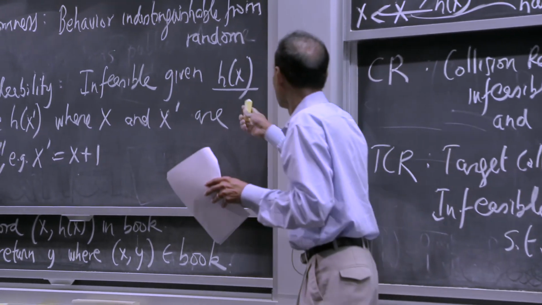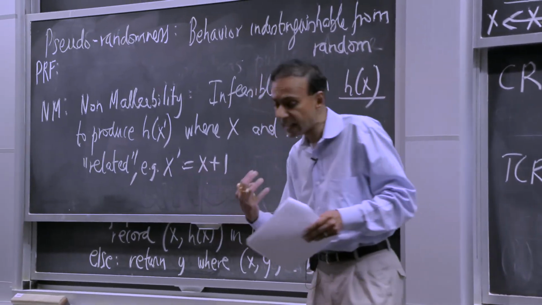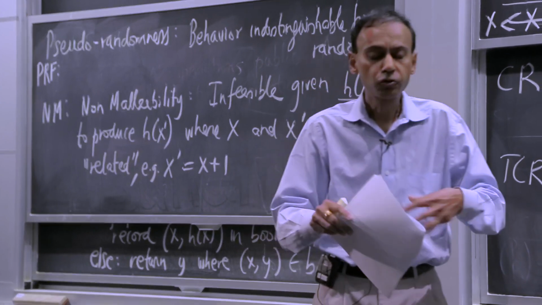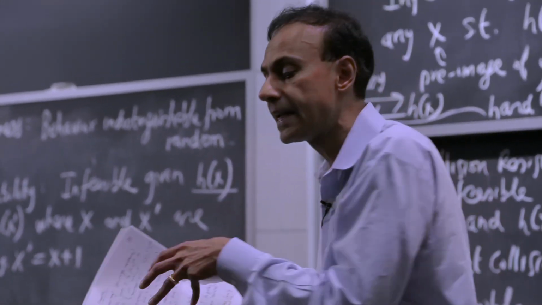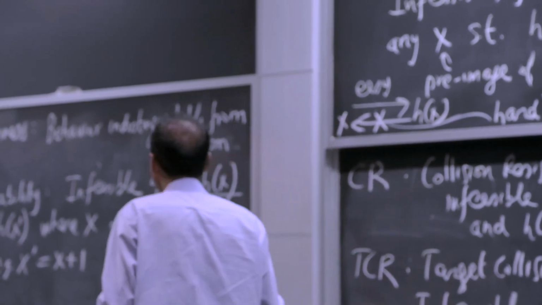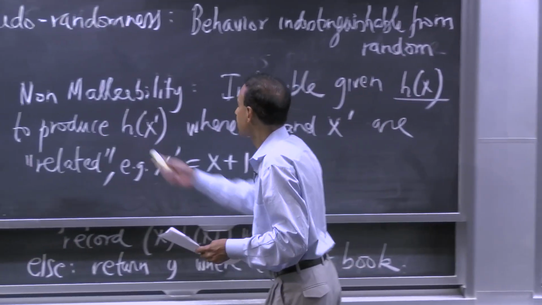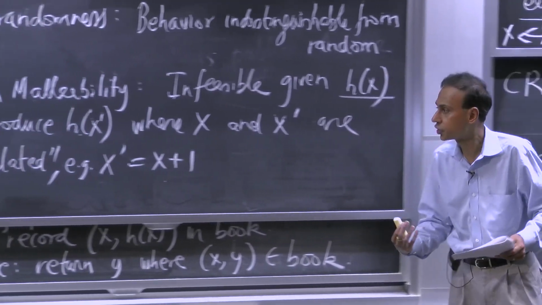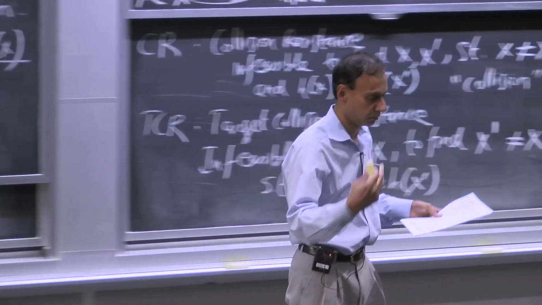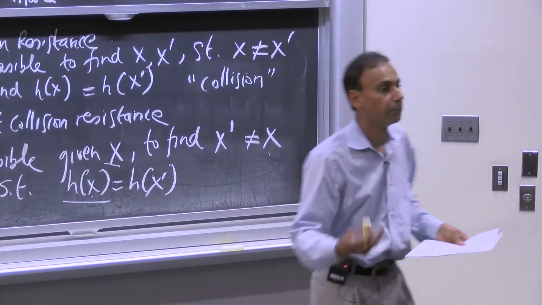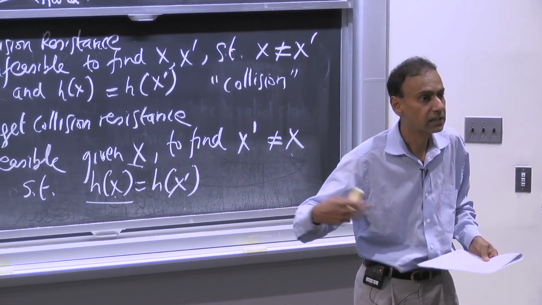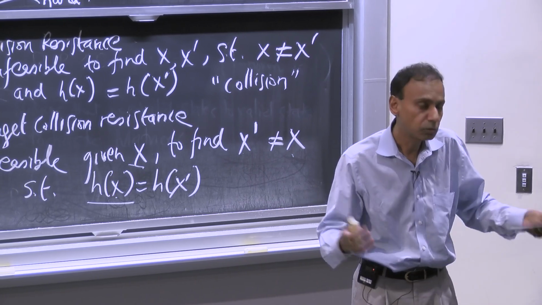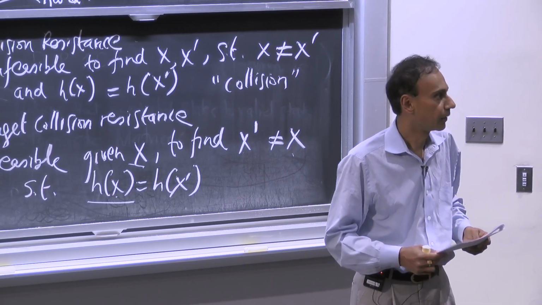We're going to get back to it. So if I'm just given the hash, through some computation it may be possible for me to create another hash, h of x prime, such that there's some relationship that I can prove or argue for between the strings that created the hashes, namely x and x prime. Okay? That's what malleability is, right?